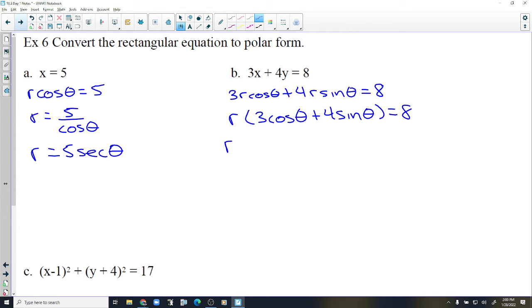Now this one's a little bit more ugly, because all we can do now is just divide this over. And that's it. I mean, that's all you can really do on that one. You can't turn it into secant and cosecant because of that plus. If that plus wasn't there, if it was times, then we could change it a little bit.